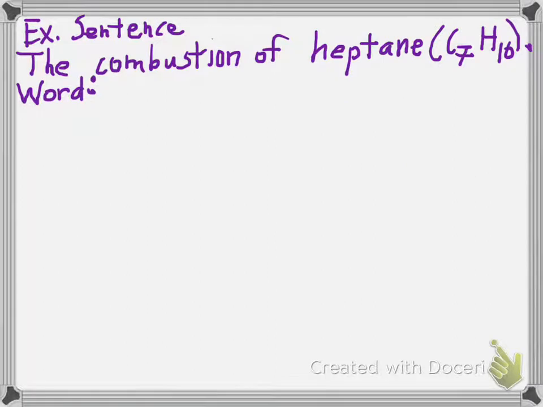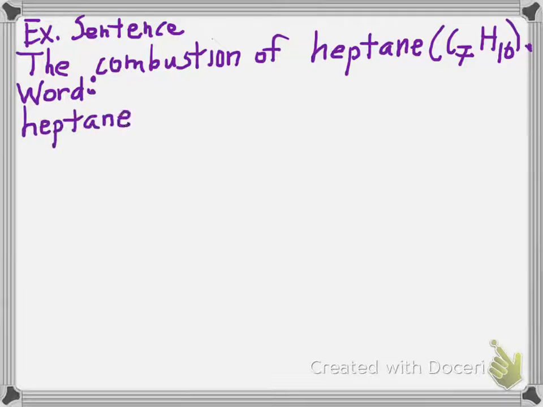We're going to do 2 examples, so in your space on your outline for examples, make sure you have room for 2. The first one, the sentence is the combustion of heptane, which is C7H16. So our word equation for this, because again, we want to go to a word equation to get rid of extra information, is going to be heptane.